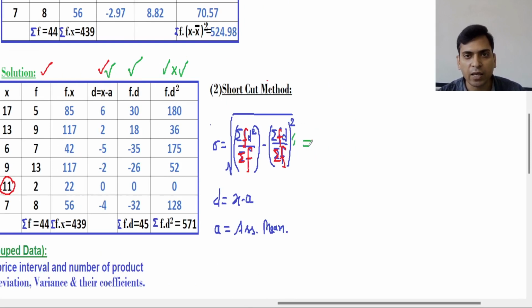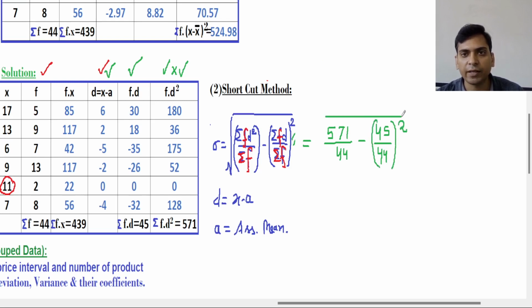Summation FD square is 571, and this quantity is divided by summation F, which is 44, minus summation FD, which is 45, divided by 44, and then we will take its square. Finally we will take its square root.